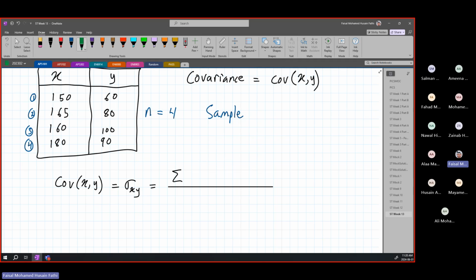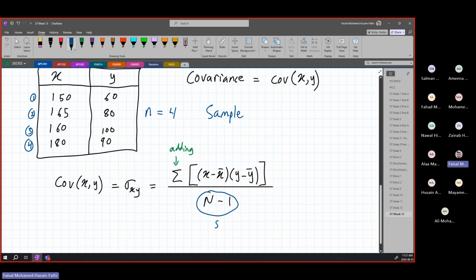When you see that symbol, it basically means adding values. The sum of x minus x bar times y minus y bar, that's your numerator. In the denominator, you have n minus 1, because in this case we're talking about sample data.